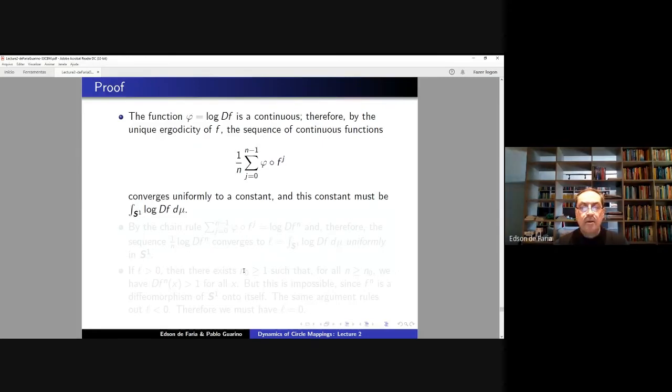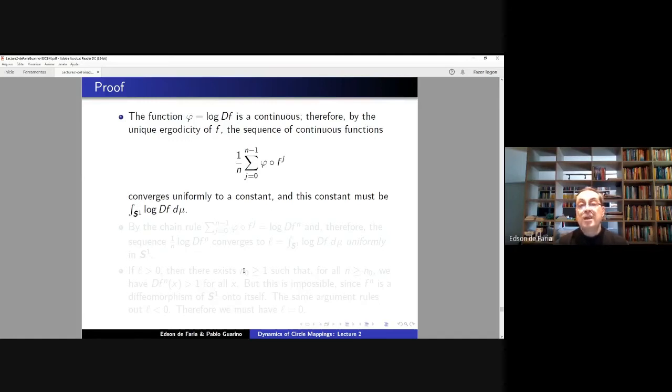Now, this has an easy proof, and the proof is the following. You take the function log df again, and by hypothesis, this is continuous because the map is C1.